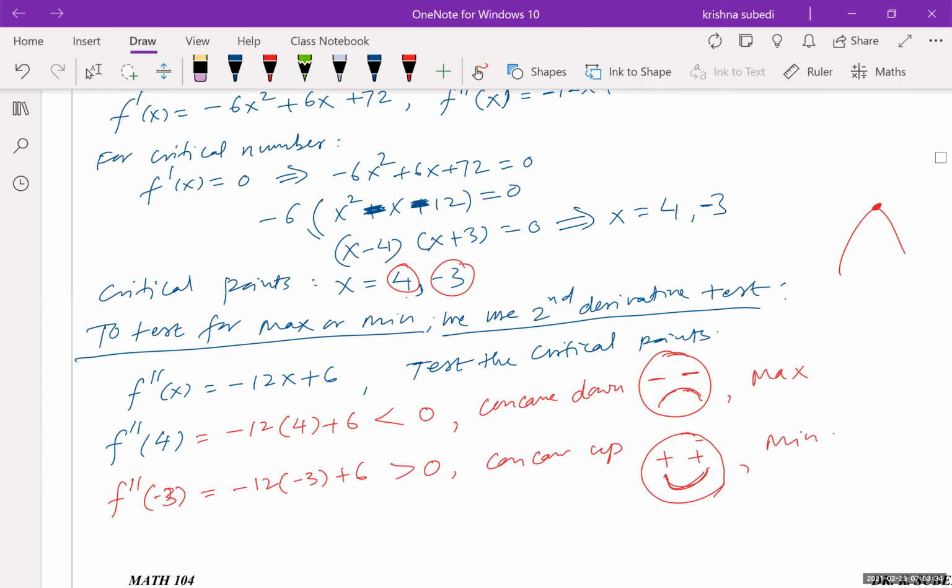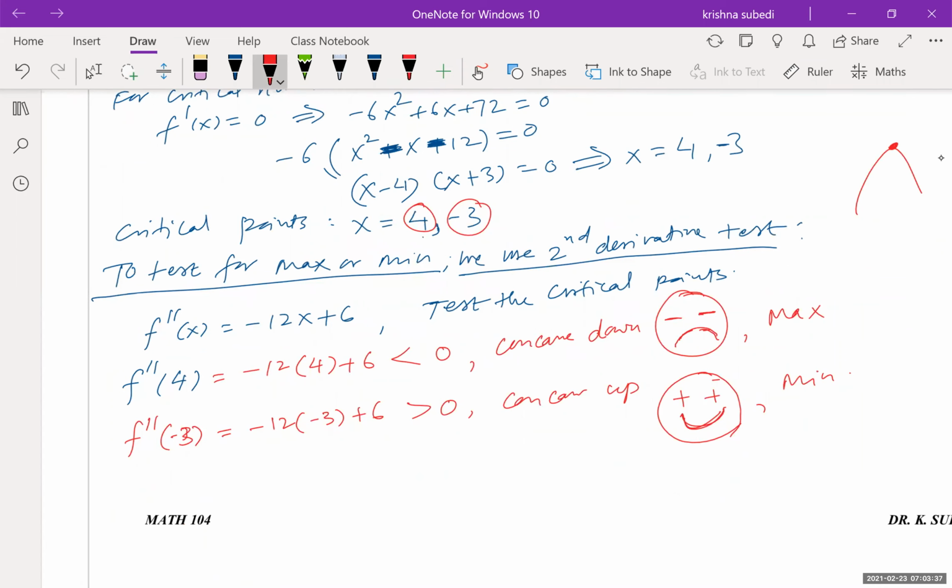So, and then we know that maximum at x equals 4, and maximum value you can calculate by plugging in the original function. So maximum value y equals f of 4, and minimum at x equals -3.